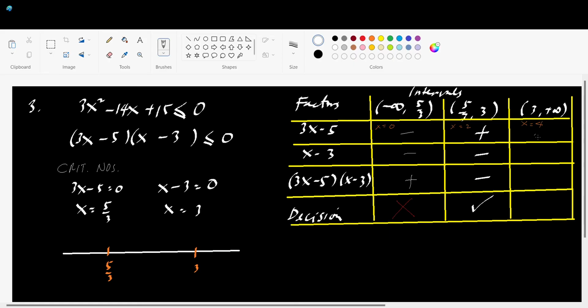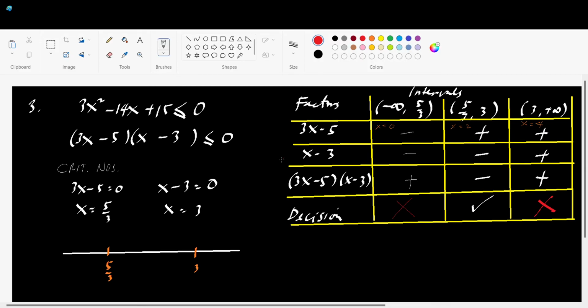How about x equal to 4? 3 times 4 minus 5 is positive. 4 minus 3 is positive. 3x minus 5 times x minus 3, both positive, so the product is positive. Of course, that is not less than 0. Okay? So we have the interval 5/3 to 3.